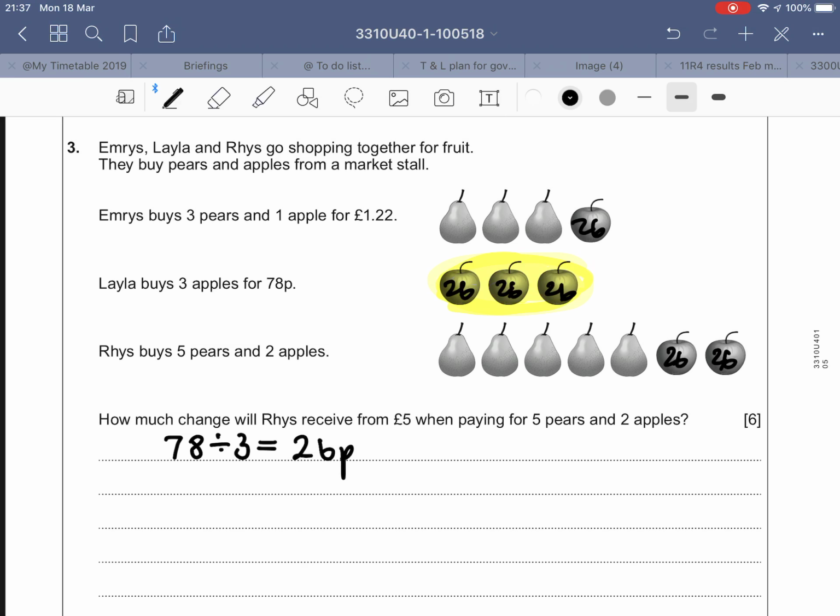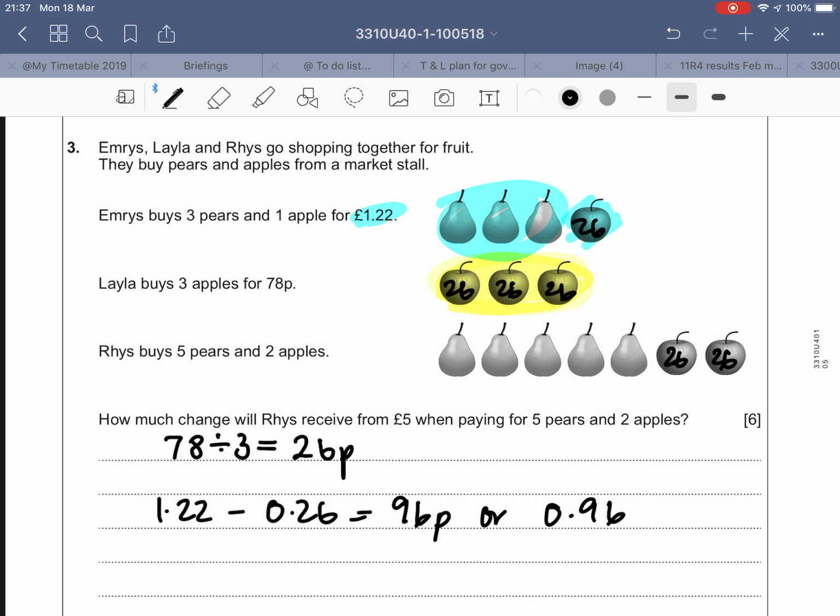Then if I look at the top line for Emir, I can see up here that Emir's 26 pence apple, along with then 3 pears, comes to a total of 122. So if I take out the 26 pence apple, 122, take away the 26 pence, that's going to come to £96 that he's paid for the pears.